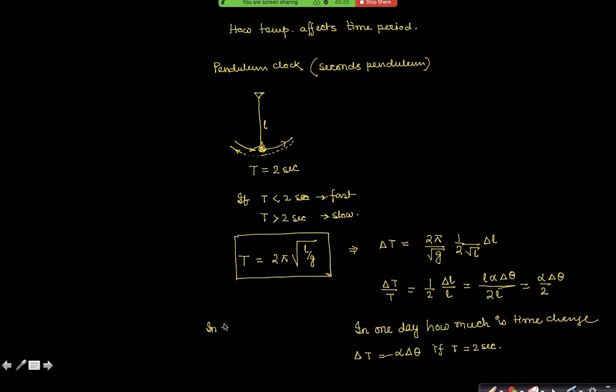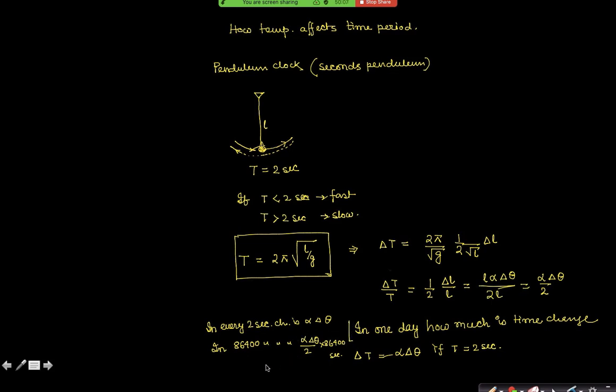What is the second in a day? 86400. Okay. So in this much second, how much is the change? That you can calculate: alpha delta theta by 2 into 86400 seconds. So that much will be the gain or loss in a particular day on that watch.